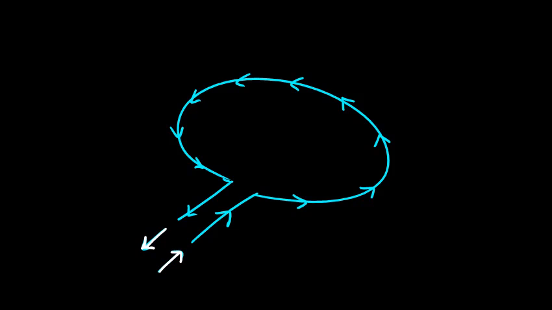Well, if you use the right-hand rule, and say you come over to this section of the wire right here, and you put your hand under it, like you're reaching under it to lift it up, so the thumb of your right hand points that way in the direction of the current flow, then your fingers would naturally curl around the wire in this direction. So there's a magnetic field around the wire in that direction.